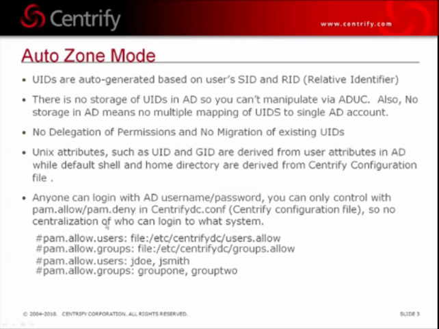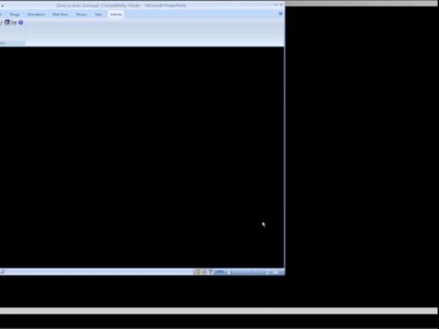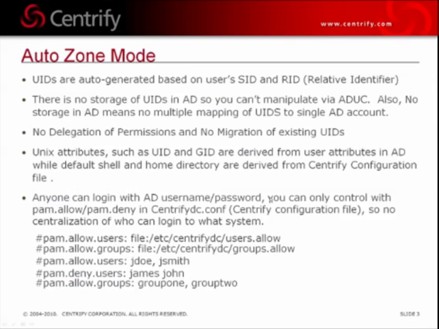So there is no centralization of who can log in to what system. Here is an example of the parameters that you need to modify in the Centrify configuration file to allow a user or deny the user.